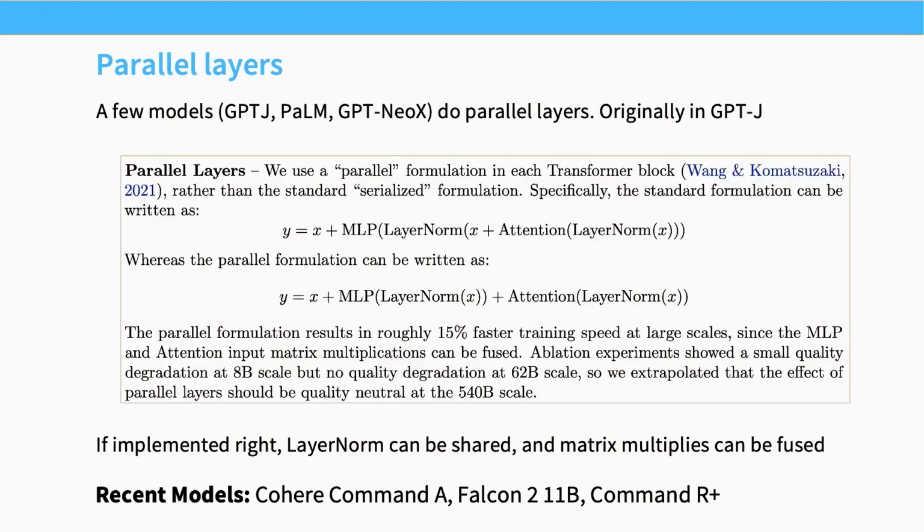Instead of nesting this, which is the sequential form at the top, you're just going to add together the output of the MLP and the attention layer and just add both of those back into the residual stream. If you implement this right, you can actually share a lot of the components. Like you can share the layer norms, you can fuse the matrix multiplies. This allows you to potentially get additional systems optimizations.